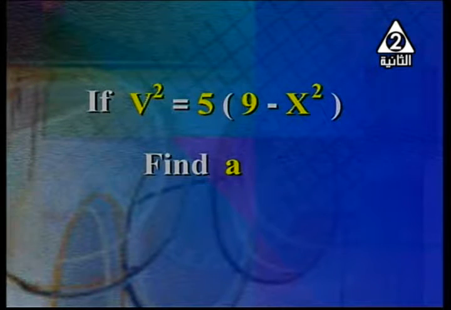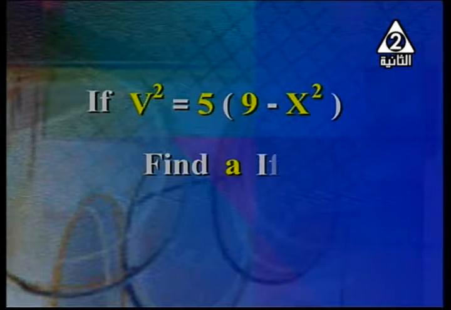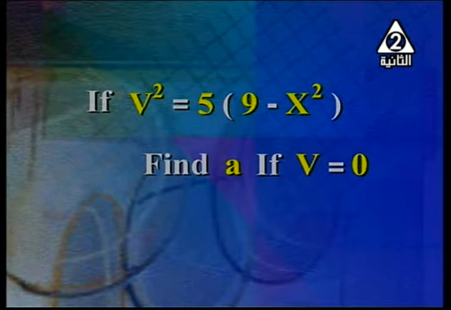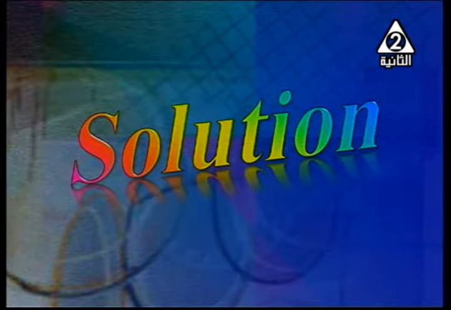If we have v squared equal 5 multiplied by (9 minus x squared), find acceleration A if v equals 0. Dear student, look at the solution. V squared equals 5 times (9 minus x squared). This is the equation of the velocity.